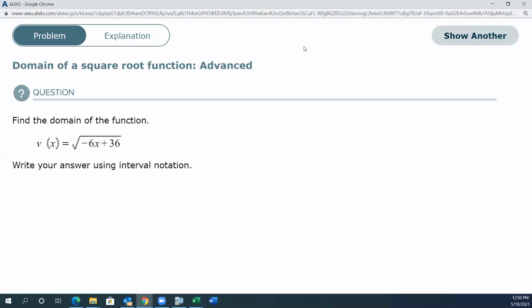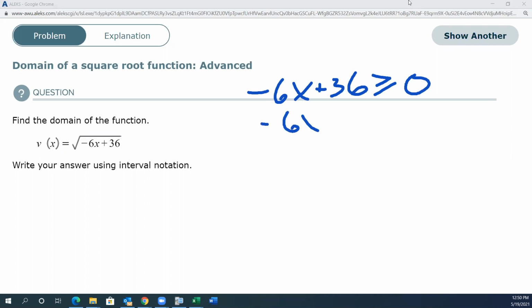Okay, so let's just do one more of those. So once again, whatever is inside the radical has to be at least 0. Has to be greater than or equal to 0. So if I subtract 36 and then divide by -6, whoops, dividing by a negative changes the direction of the inequality.